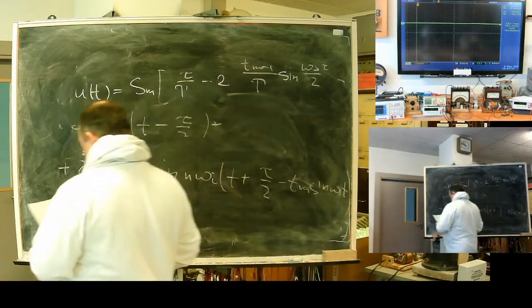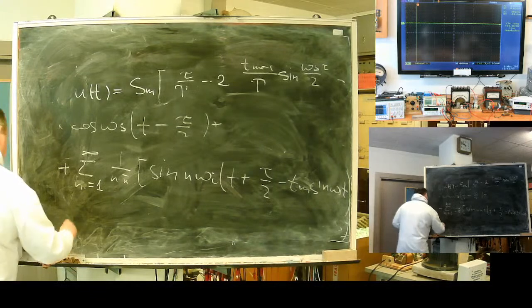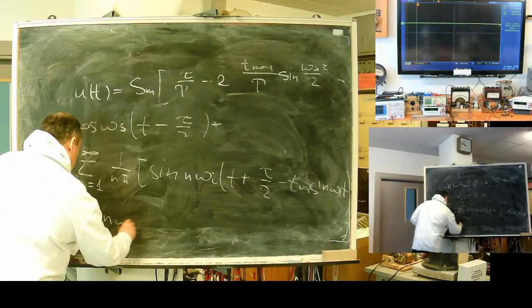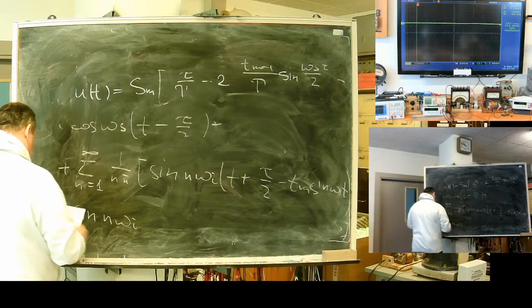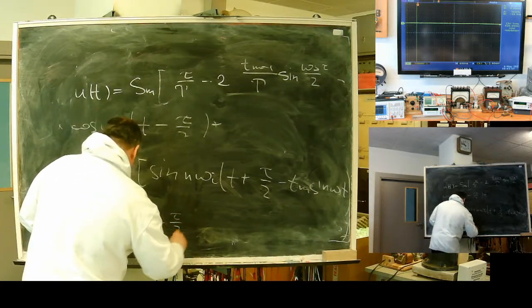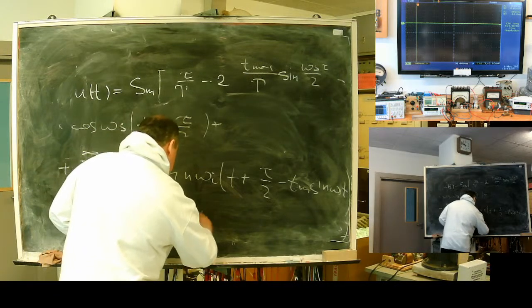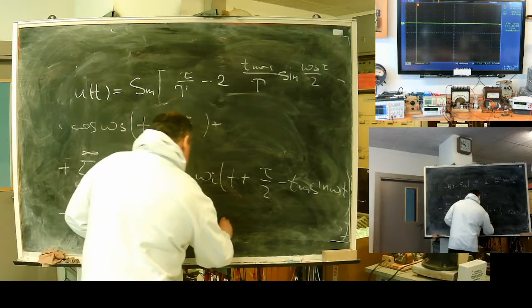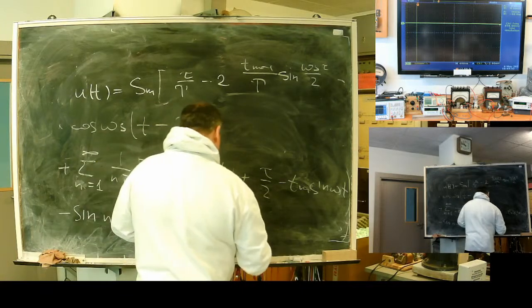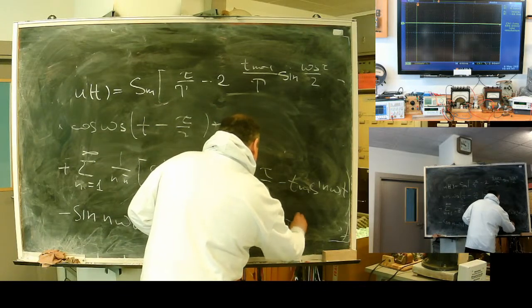That's not all. Minus sine n omega I time minus tau by half minus Tm sine omega s t minus tau.